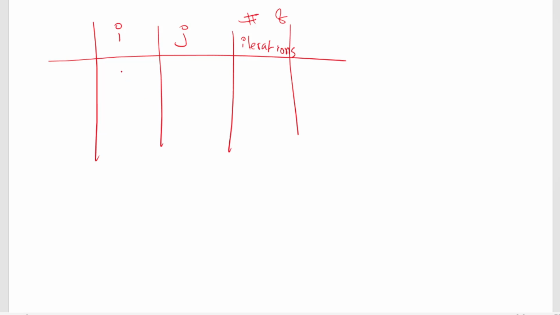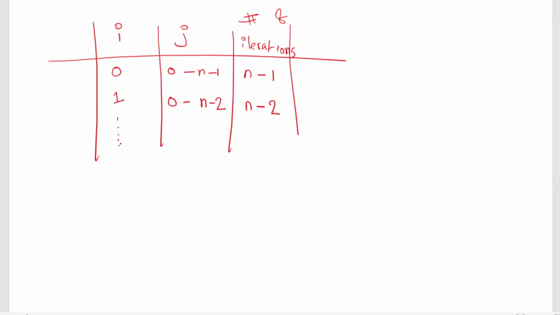When i was 0 initially, the inner loop j ran from 0 to n minus 1, which is n minus 1 times. When i increased to 1, j started from 0 again and ran up to n minus 2, the second last index, and therefore the number of iterations is n minus 2.